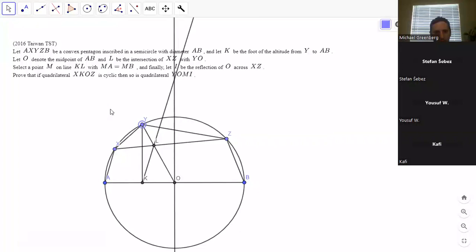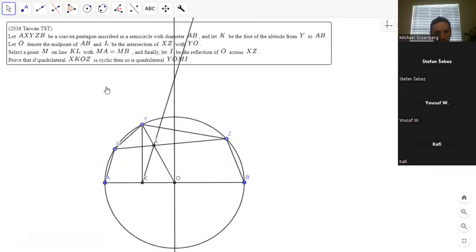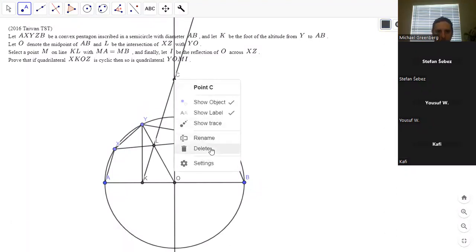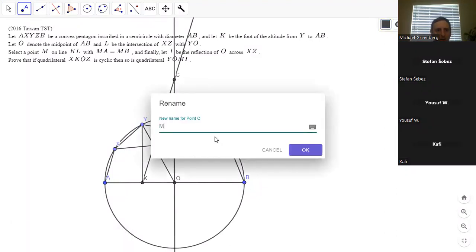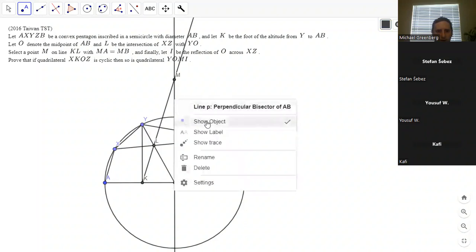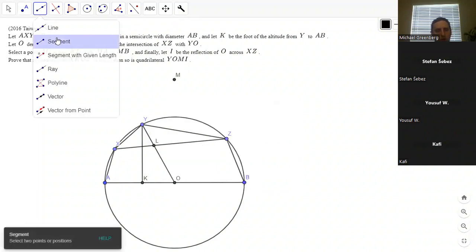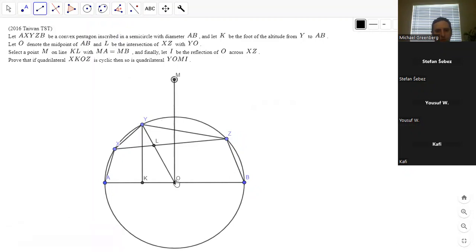I think that looks a little better. This is M. Let's hide some things. And I is the reflection of O across XZ.